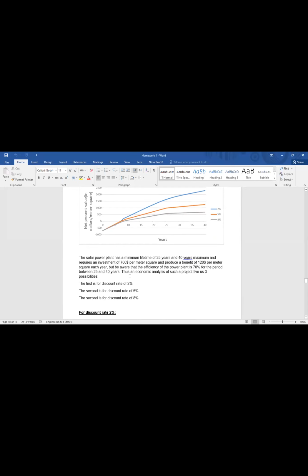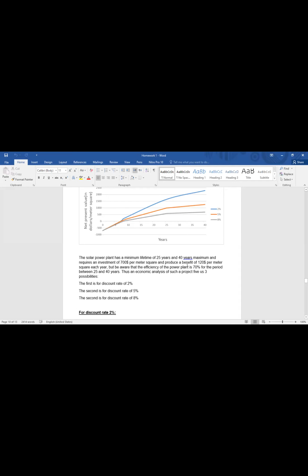A small research on Google tells us that a solar power plant has a minimum lifetime of 25 years and a maximum lifetime of 40 years, with a required investment of $700 per square meter. However, the production of the solar power plant will be 70% after 25 years. Between 25 and 40 years, the production will be 70% of the total production. It will reduce by 30%, like I said.